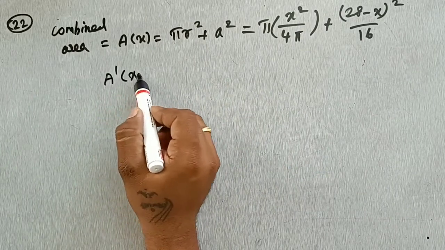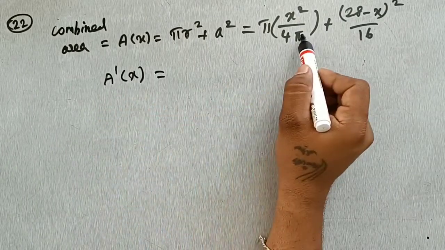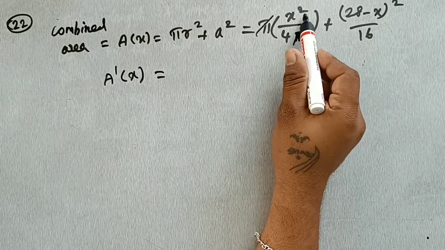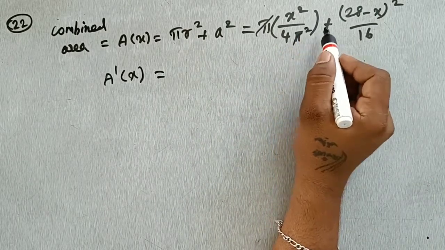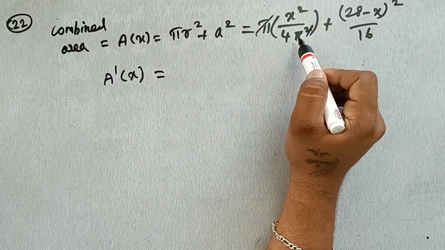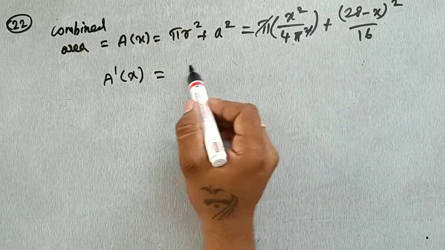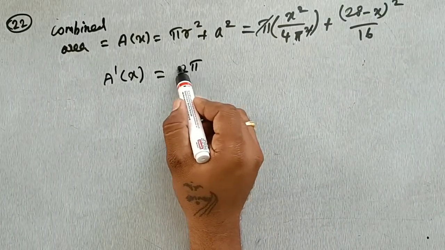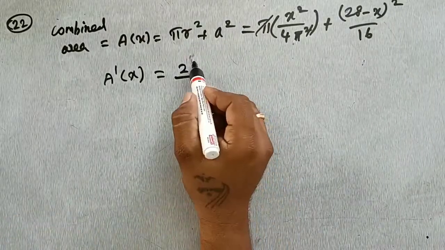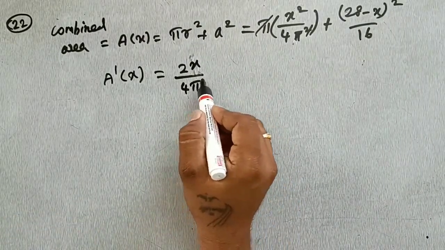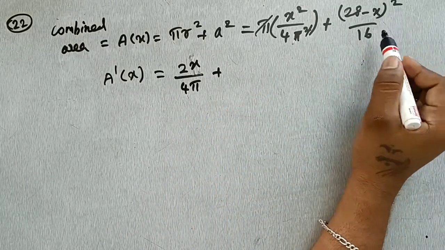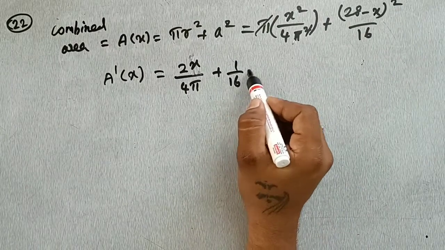So finding the first derivative, A dash of x equal to, we can cancel these two, so x square by 4 pi will be there. Differentiation of x square by 4 pi with respect to x equal to 2x divided by 4 pi, plus differentiation of 28 minus x the whole square by 16, where 1 by 16 is constant.